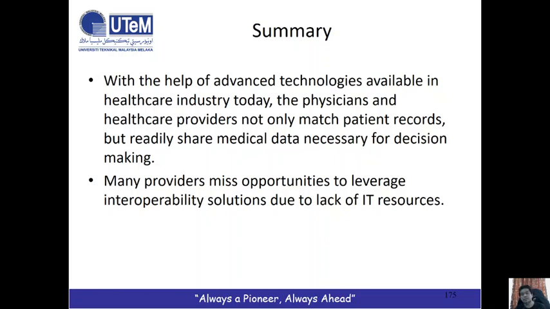So there is a lot of research that needs to be done. Although there are many ready frameworks for interoperability, you need to do proper research so that you don't need to redo or redesign your application in future.